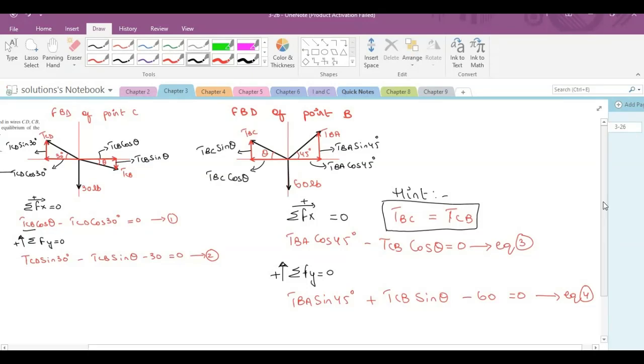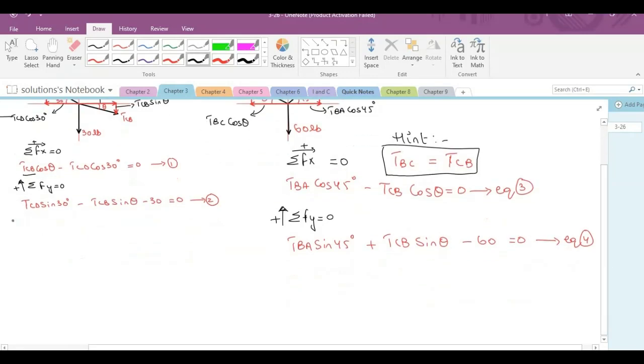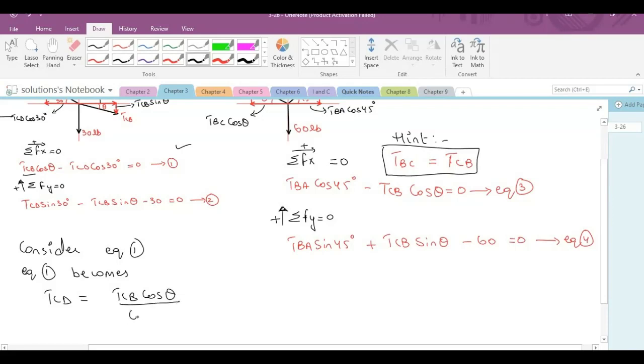Now I can see from these four equations that I have TCB, a common force. So if I consider equation 1, and make TCD the subject, equation 1 becomes TCD equals TCB cos theta over cos 30.